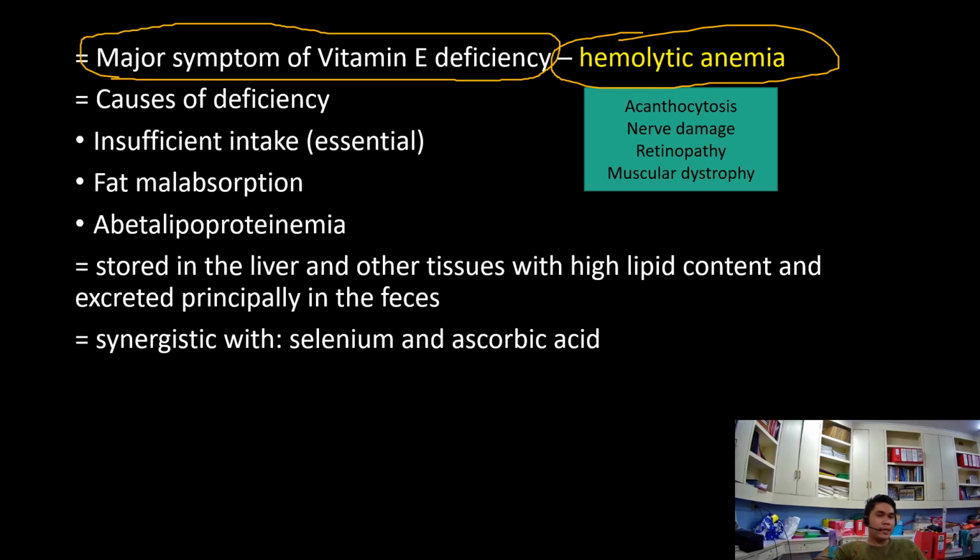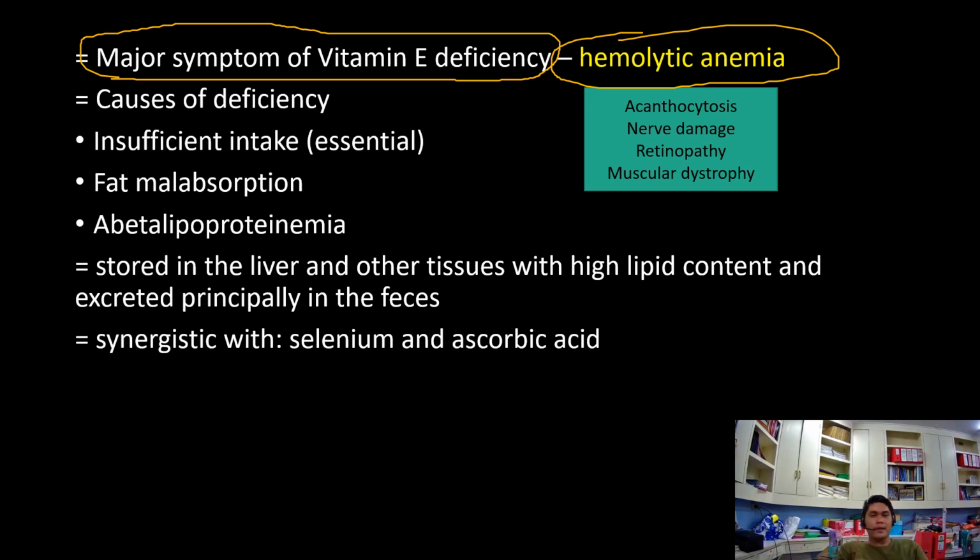Then next is causes of deficiency: primary and secondary. Primary is decreased intake, for example insufficient intake of vitamin E. Secondary is decreased absorption, for example fat malabsorption and abetalipoproteinemia.